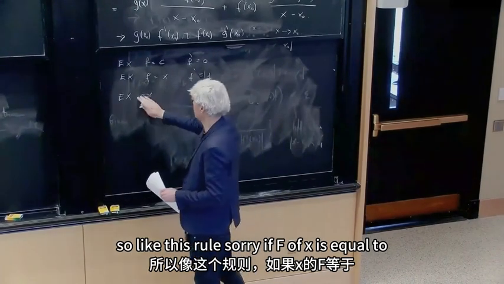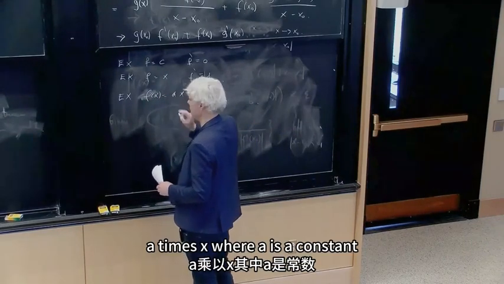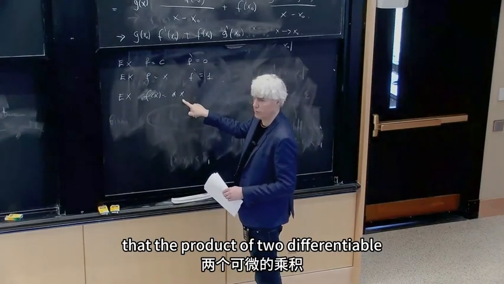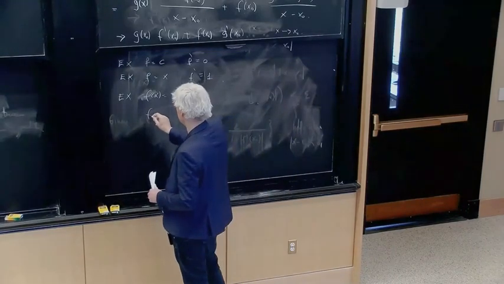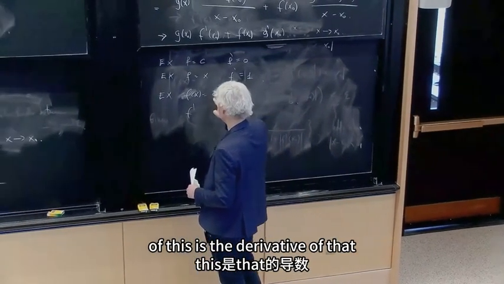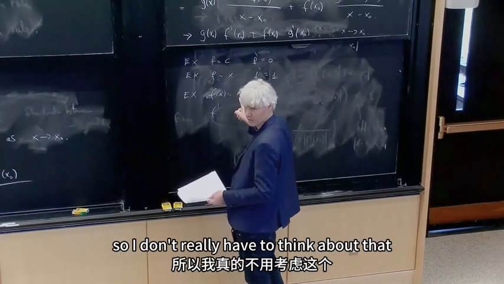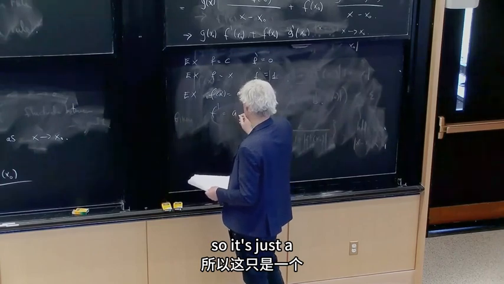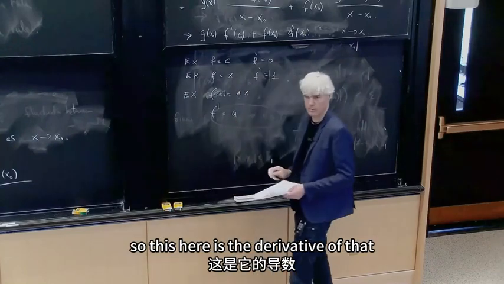So by the Leibniz rule, if f of x is equal to a times x, where a is a constant, the product of two differentiable functions is differentiable, and the derivative is the derivative of the first times the second, but the derivative of a is 0, so I don't even have to think about that. So it's just a times the derivative of the second function, but that's 1, so this is the derivative of that.